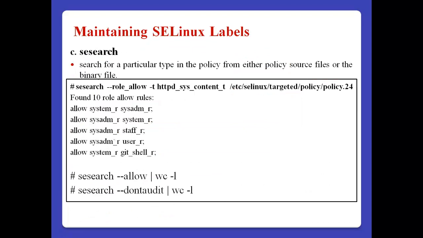SE search is for searching a particular type in the policy, from either the policy source file or the binary file. For example, among the httpd_cc content, we want to see the role is allowed file, in this policy file: SELinux targeted policy, policy.24.